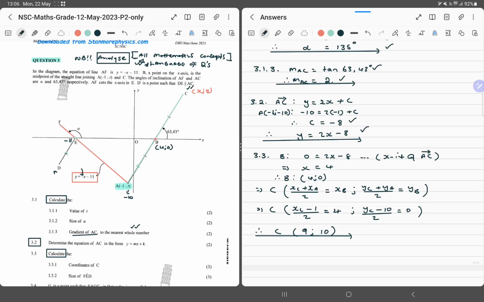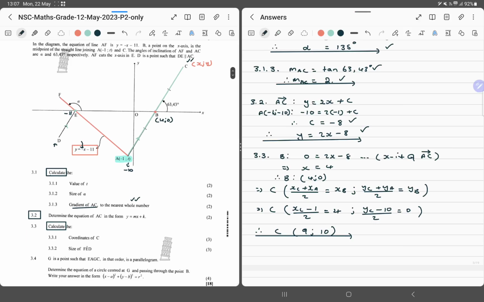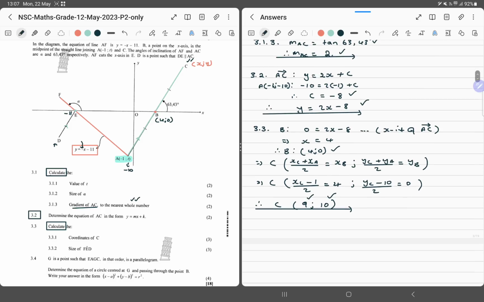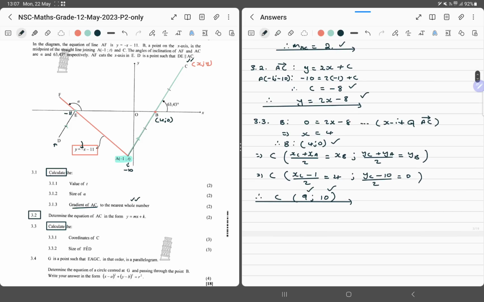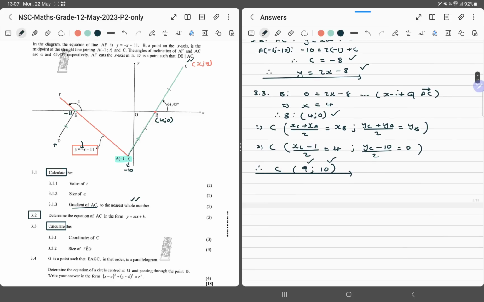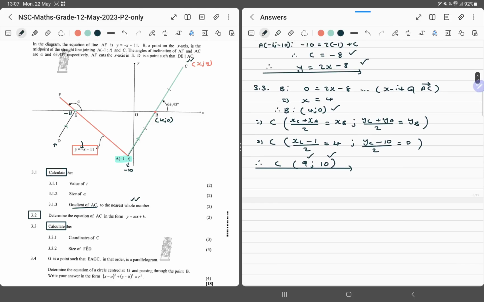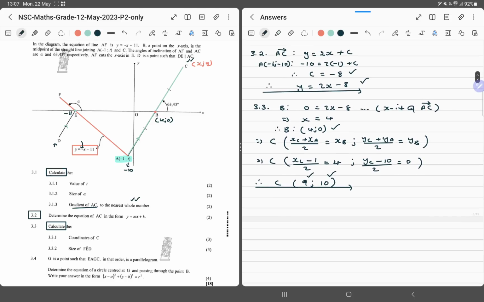Easy stuff, ne? Easy stuff. So nothing difficult in here. All right, so we were getting how many marks there? 3 marks. Of course, the important part is finding the coordinates of B and then those coordinates. The rest is an expected procedure from you. Again, I did not follow things the right way.